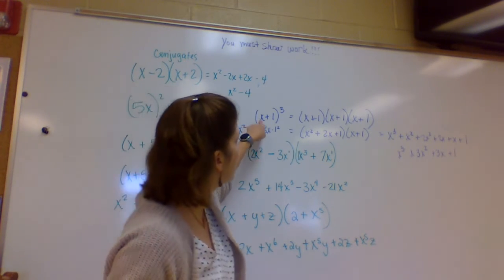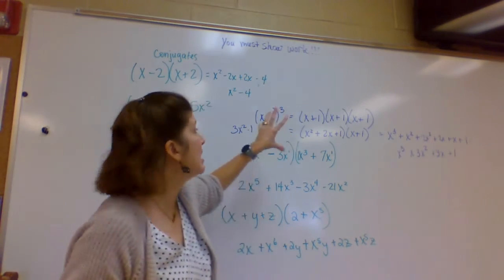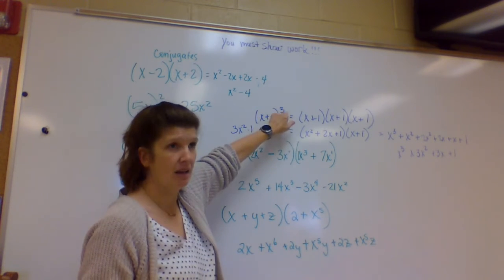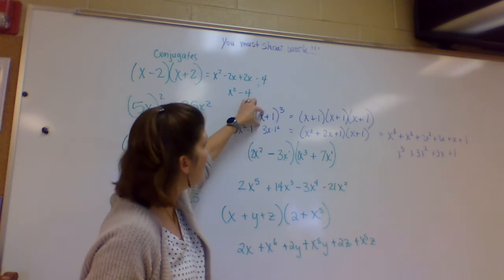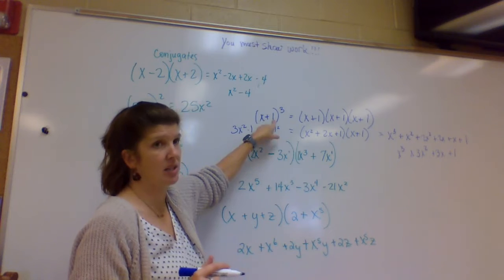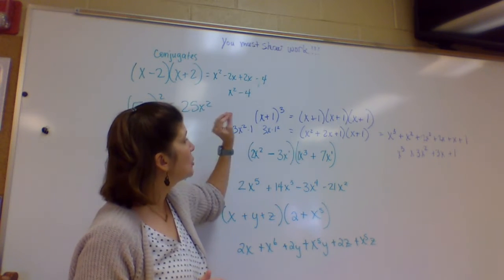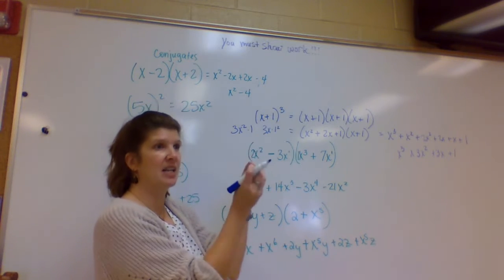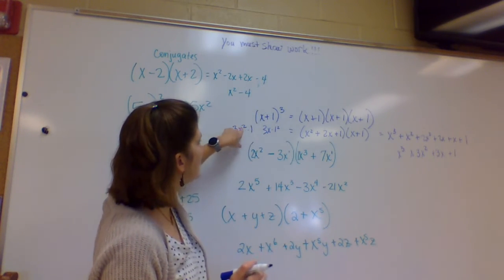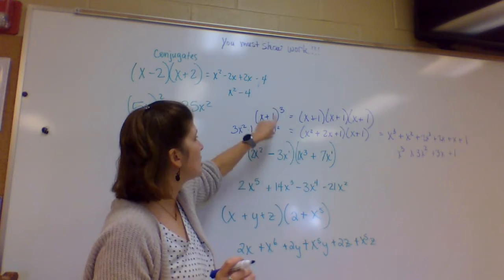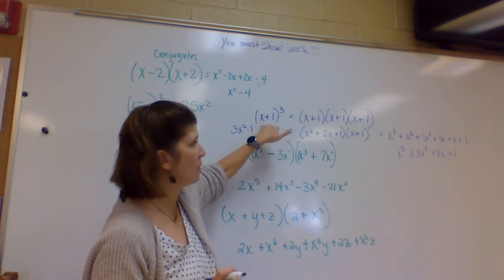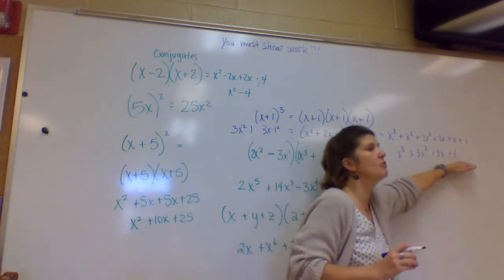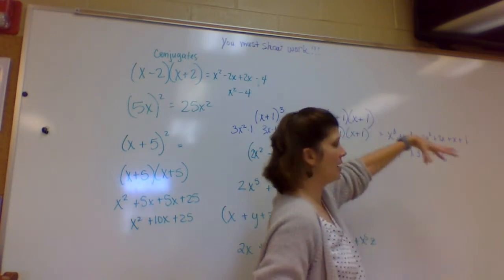So you cube this thing, you cube that thing. And then in the middle pieces, we go 3, which comes from here. 3 times that thing squared times this thing not squared. And then 3 times this thing not squared and that thing squared. They kind of take turns. In this term, this one gets squared and that one doesn't. And in this term, this one gets squared and that one doesn't. And that's the 4 terms that we end up with after all that other work.